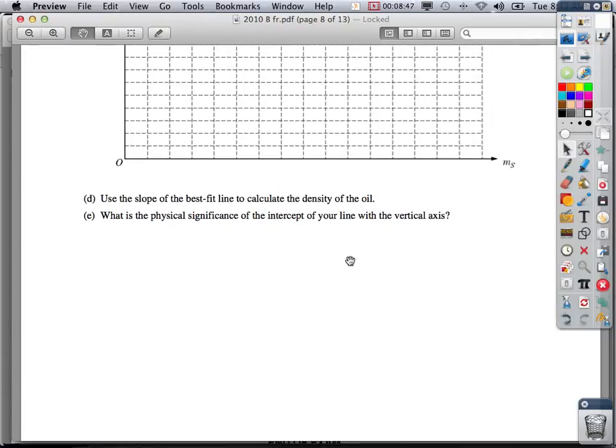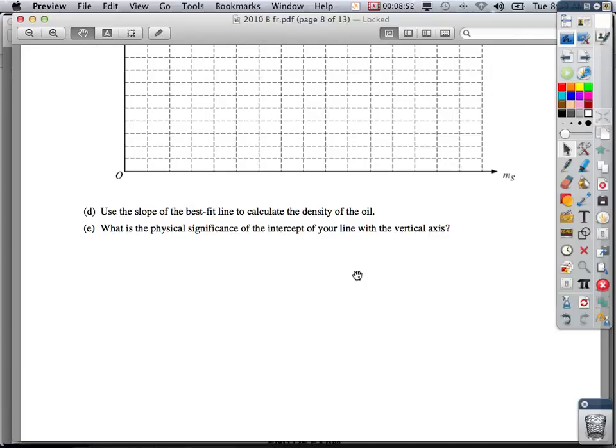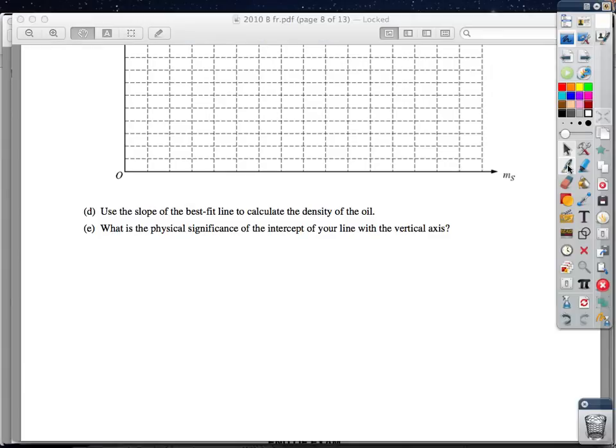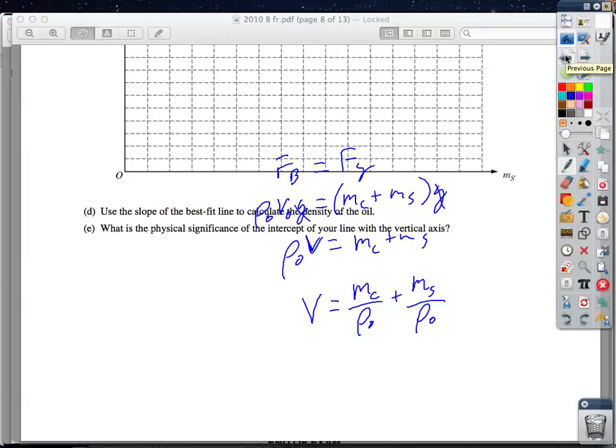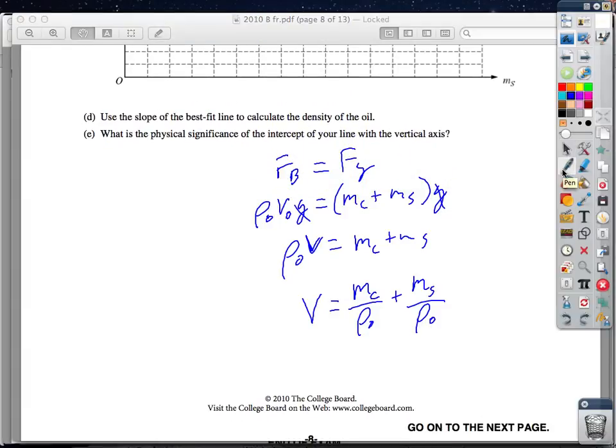And then, yeah, you could do like probably so we could go back. We have this statement, and then if you find the intercept where it crosses the y-axis, and take that value, when you have no sample, you can get the mass of the cup. What's this? Oh, no, you don't know that.